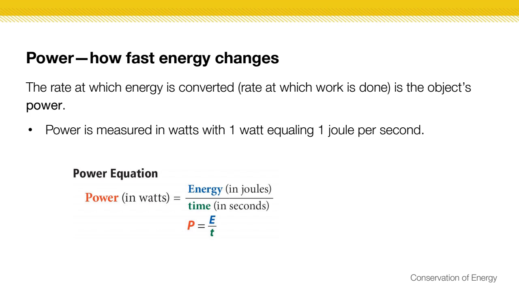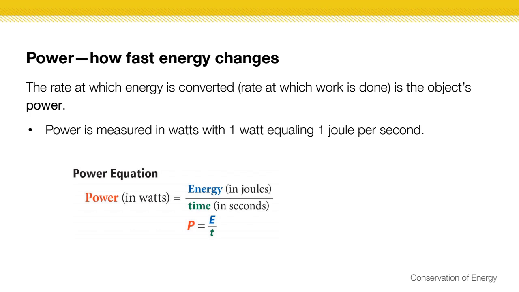So now we have power. Power is the rate at which you convert or use energy. Remember, work is energy. So another way of thinking about power is the rate at which you do work. Power is measured in watts. Might be familiar if you think about light bulbs. You might see on the box a 60-watt light bulb.